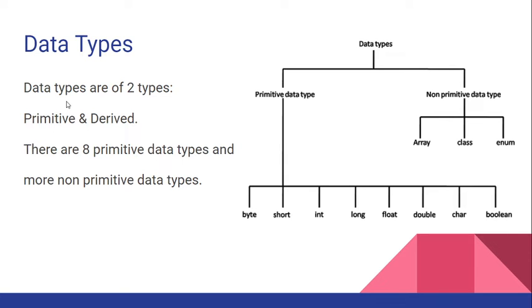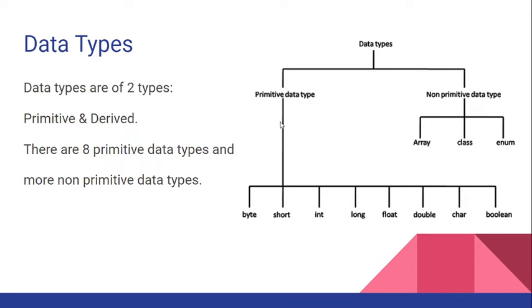Data types are of two kinds: primitive and derived. Here you can see this chart, which shows the segregation of data types clearly. There are primitive data types and non-primitive data types. Non-primitive data types are also known as derived data types because they are based on primitive data types.